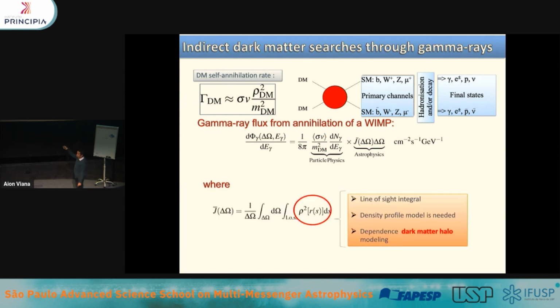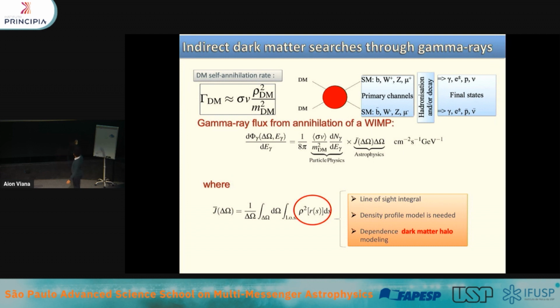Now, the other thing that you have to do is integrate the density squared over the line of sight. For that, you need a description of how the density of dark matter is distributed along the line of sight, or basically how it is distributed in the targets that you're looking at, so in these halos.